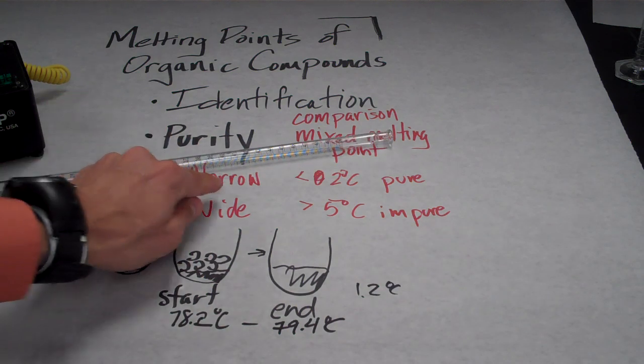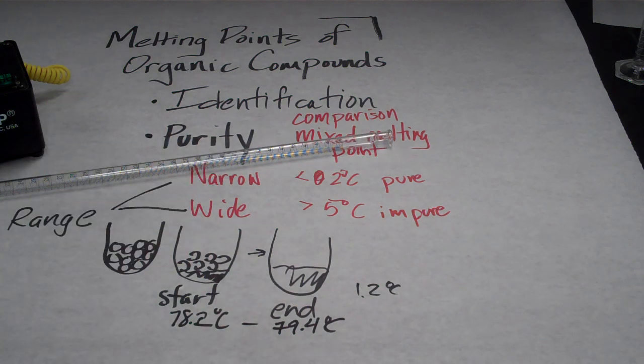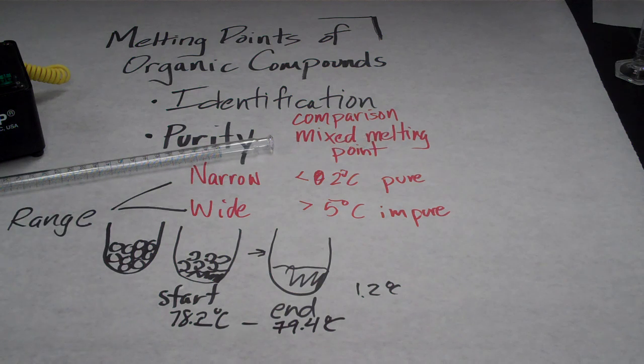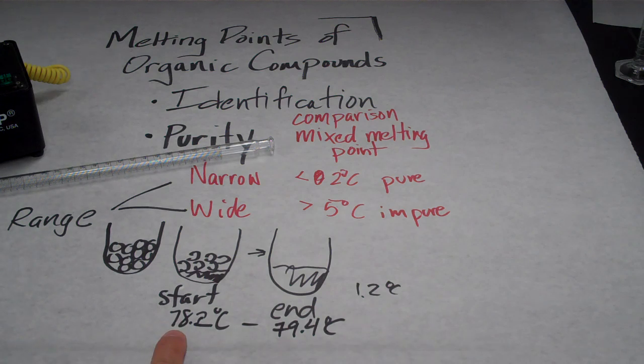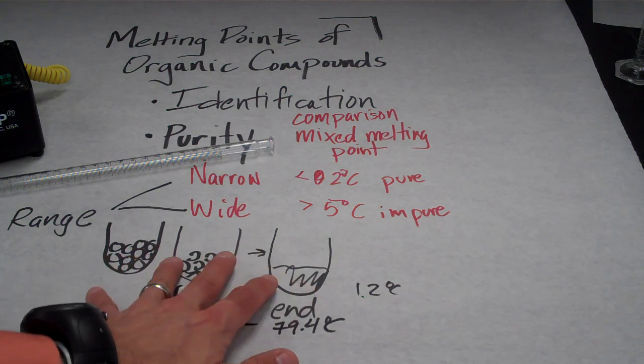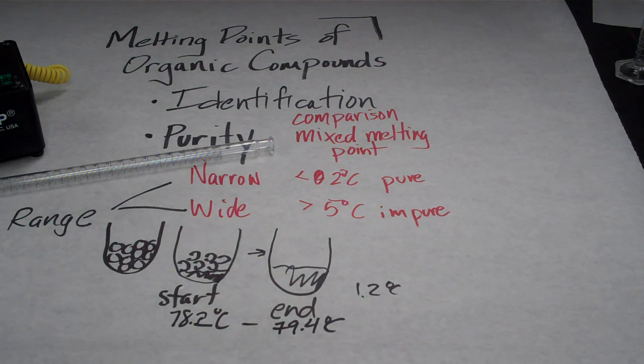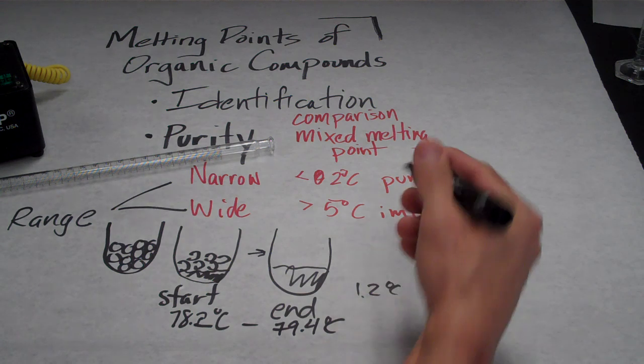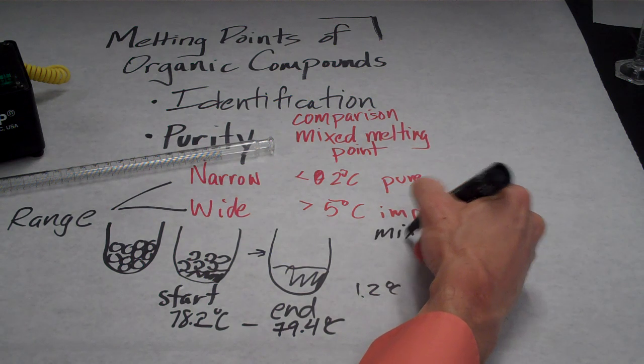That would put it into the narrow category. And so this sample that we would have potentially been observing is a pure sample, we can conclude. As opposed to if this had started at 78 and ended at maybe 85, that would have been a 7-degree wide range. There would be some impurity in that sample. Now, impurity actually means a mixture of things is present.